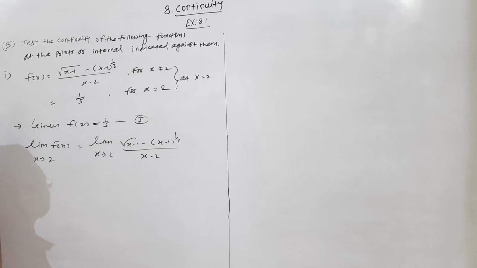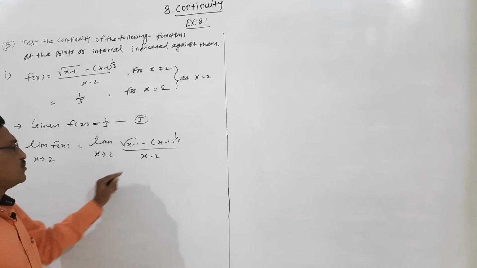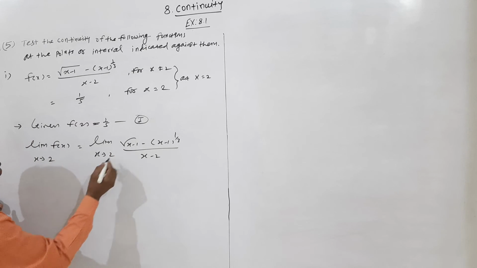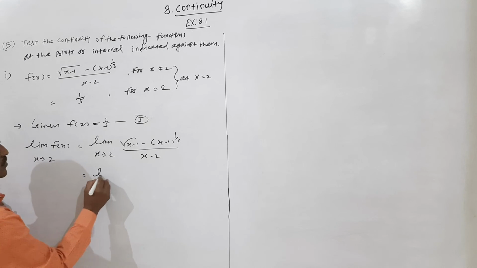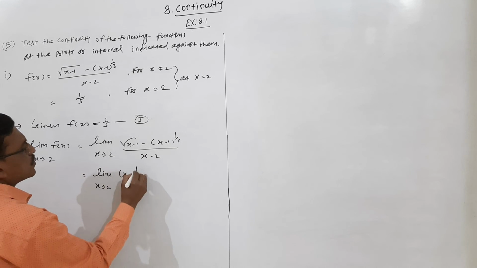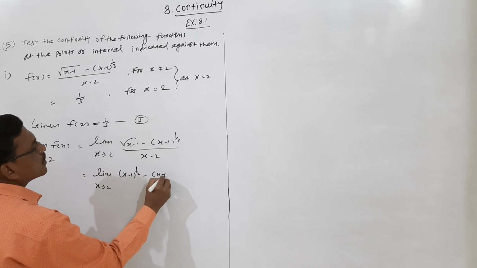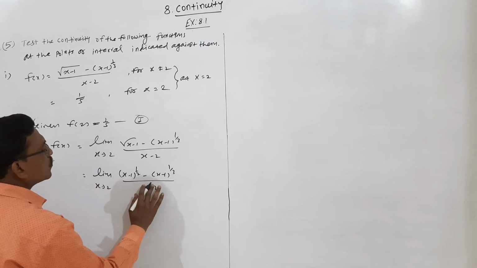Here the value of the root is 1 by 2, so I'll put it directly: x minus 1 raised to power 1 by 2 and x minus 1 raised to power 1 by 3, divided by x minus 2.